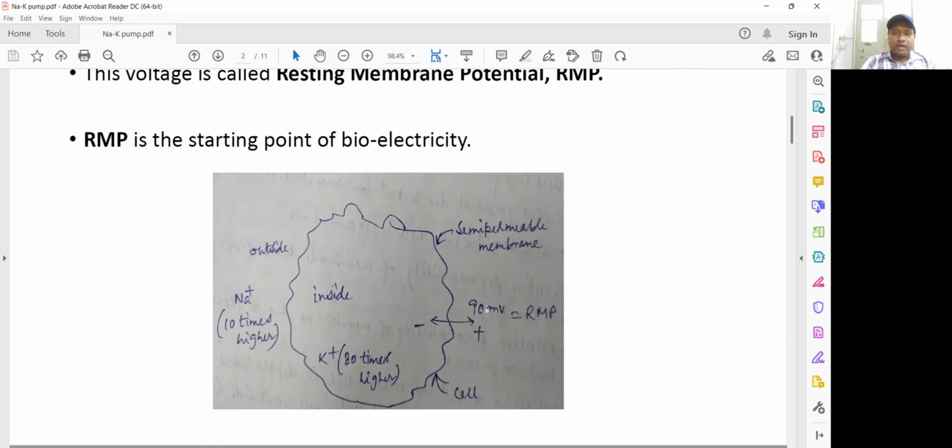Arbitrarily we assume that outside is positive and inside is negative. This is only our assumption. The polarity may be different, but the total potential difference between inside and outside is 90 millivolt, and this is fixed. This is the RMP, the starting point of bioelectricity.